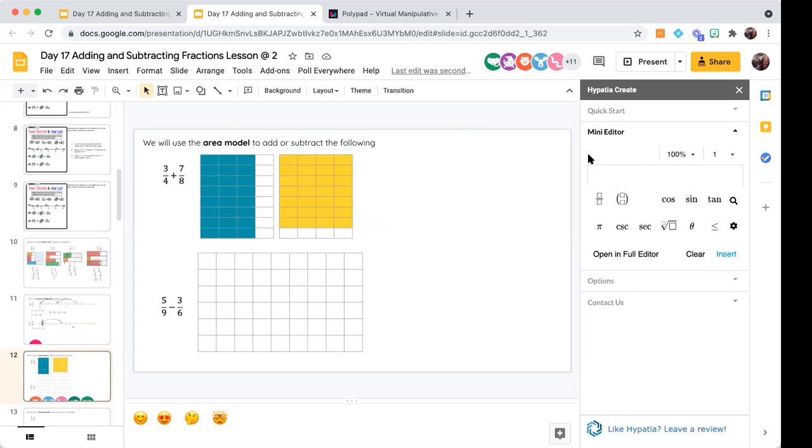Notice the little tiny boxes. Are the tiny boxes all the same size? Are the decomposed little boxes in my whole all the same size? What do you think?